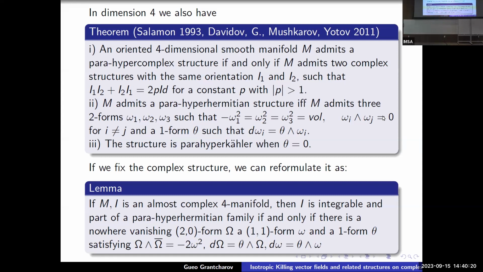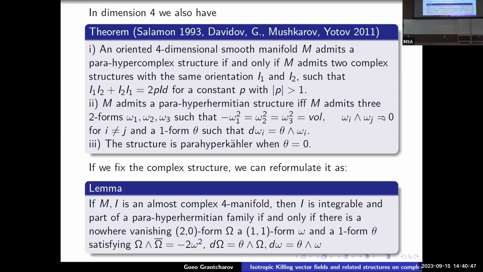And basically, this strange para structure, hypercomplex structure, comes out of, again, three forms with, well, this is with negative. Here you get positive, you get what is para-complex, what is hypercomplex, hyperhermitian. And in case of coordinations, somehow the integrability leads to the fact that you have this kind of differential system.